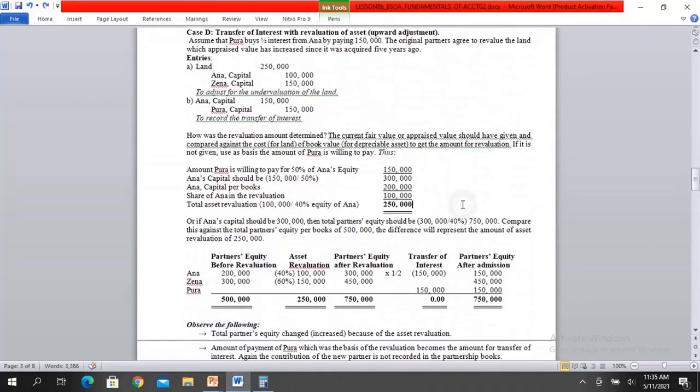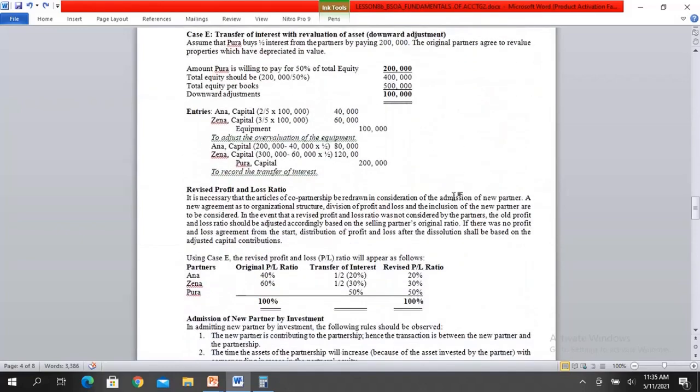Yung total equity ng partnership per book. So, magkano yung downward adjustment? So, 400,000 less 500,000 is bumaba ng 100,000. So, downward adjustment.